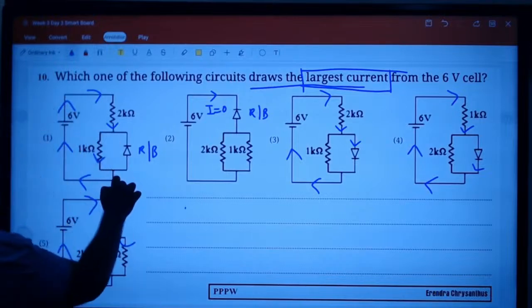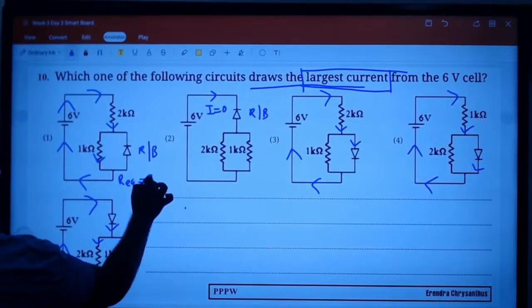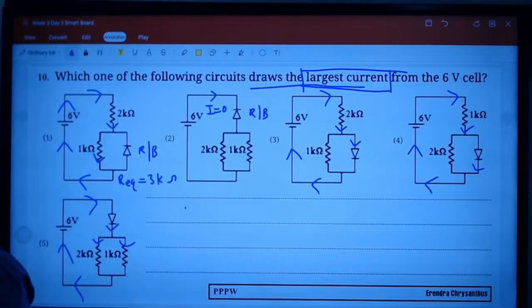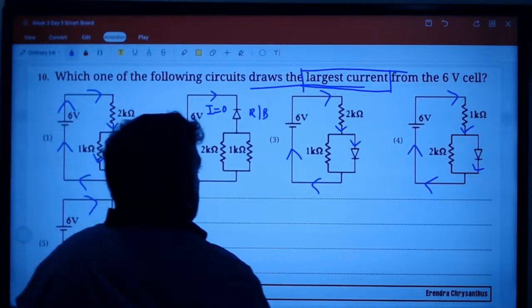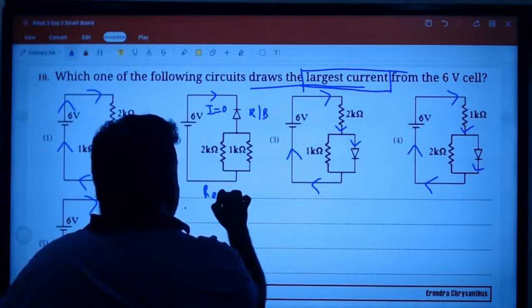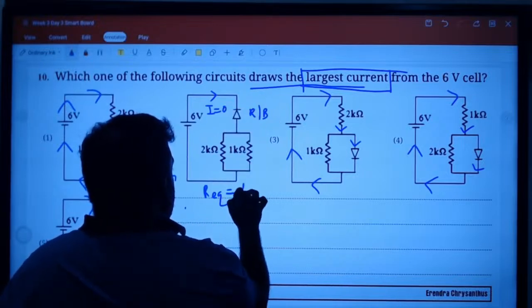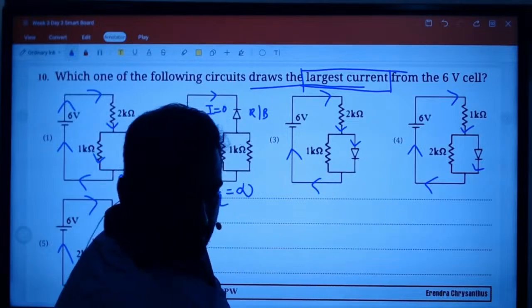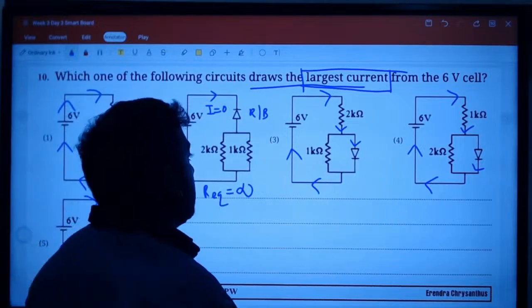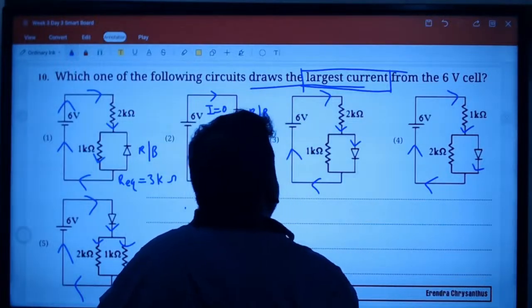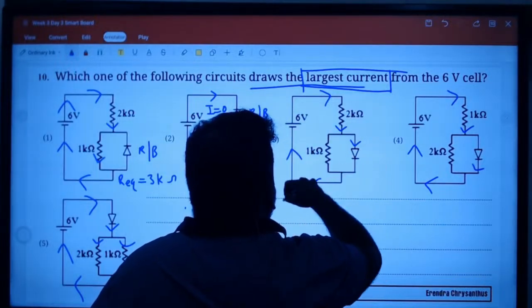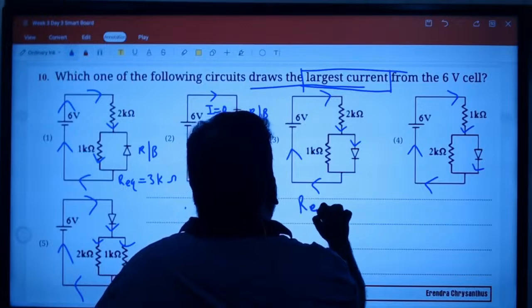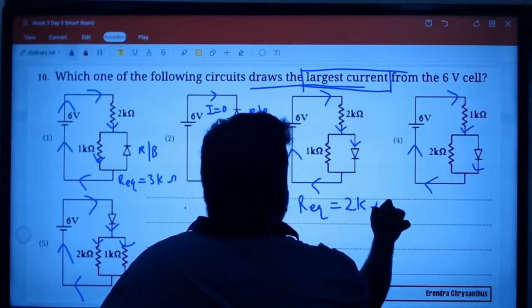Here the effective resistance is 3 kilo ohm. Here the current is 0, infinite resistance, current doesn't pass through. Here current goes through 2 kilo ohm, effective resistance 2 kilo ohm.